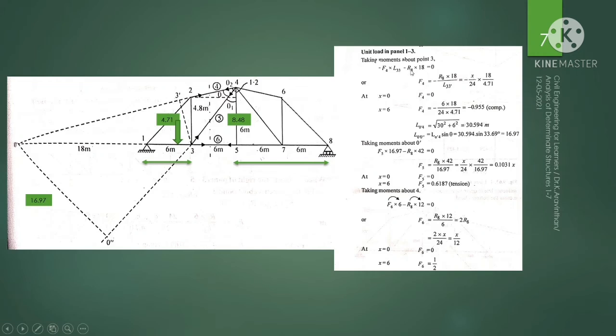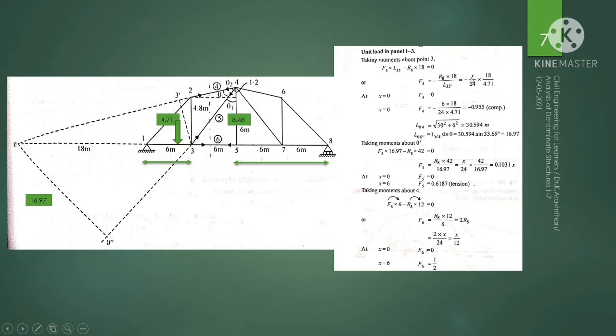So you know R8 will be X by 24, and L33 dash is 4.71. So this distance is 4.71. Here we have substituted this 4.71 and we got the equation for F4.